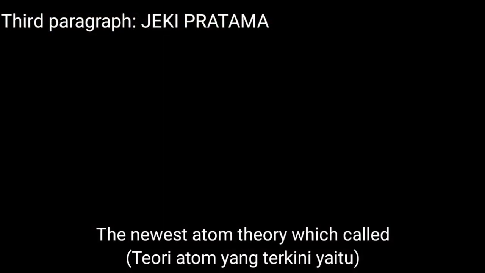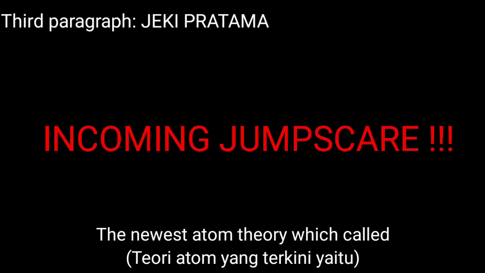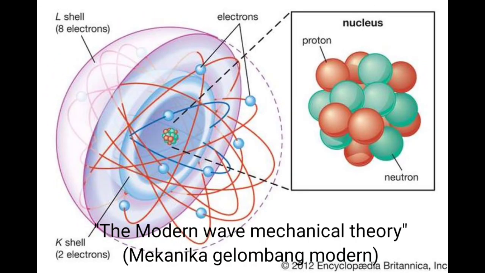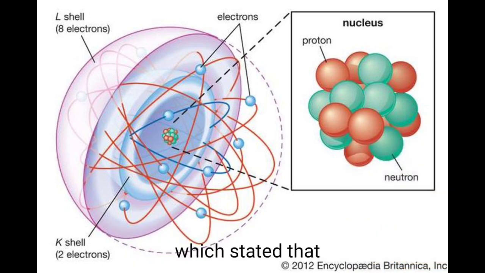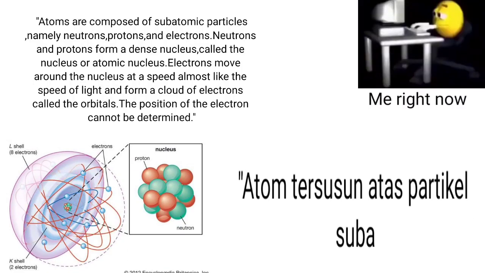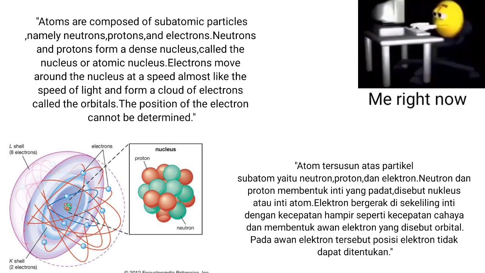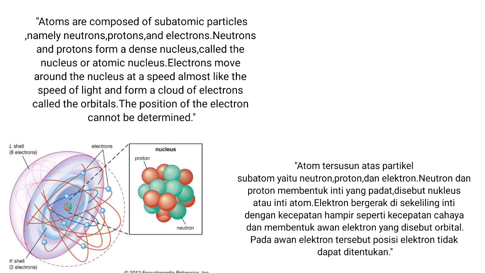The newest atom theory is called the modern wave mechanical theory, which states that atoms are composed of subatomic particles, namely neutron, proton, and electron. Neutrons and protons form a dense center called the atomic nucleus.